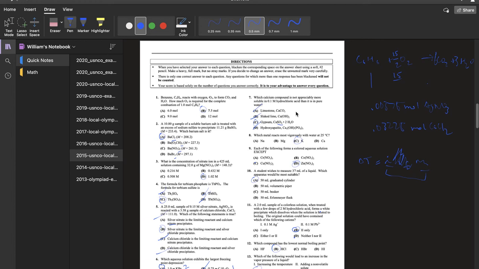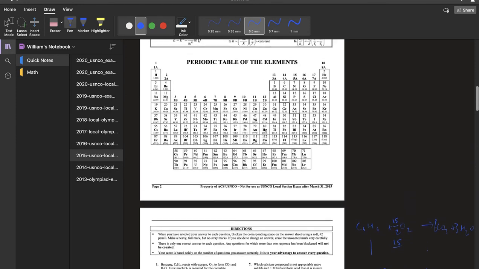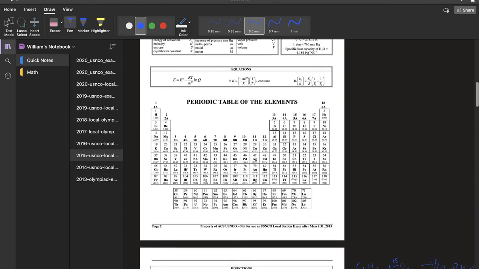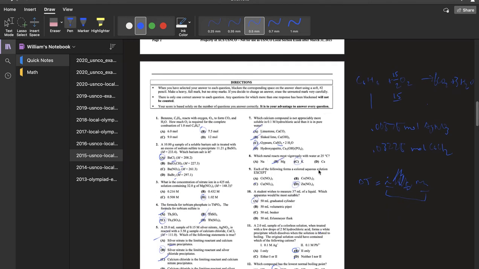8, which reacts most vigorously with water? So when I first saw these questions, I didn't really know how to do them, but basically, your answer is going to be from the alkali metals because they're just the most reactive metals. So get rid of these alkaline earth metals.